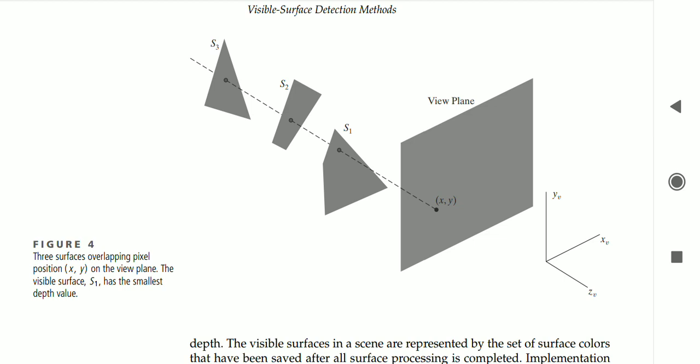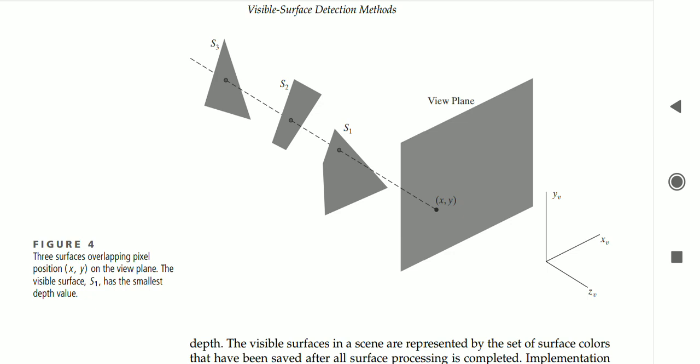So now you can understand which is front, second and third, correct? But how to make the computer understand this? Draw a dotted line and measure the line; that is the z value. So I will get 3 z values for S1, S2, S3. All these 3 z values you compare.